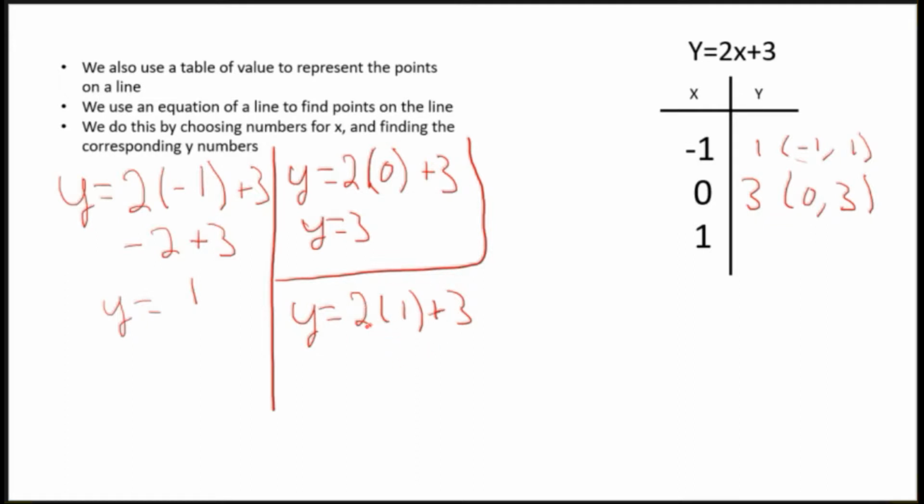And then simplify. So 2 times 1 is 2, plus 3, y equals 5. And our last point is 1, 5. In our next slide, we're going to go ahead and graph these points here and draw a straight line through them.